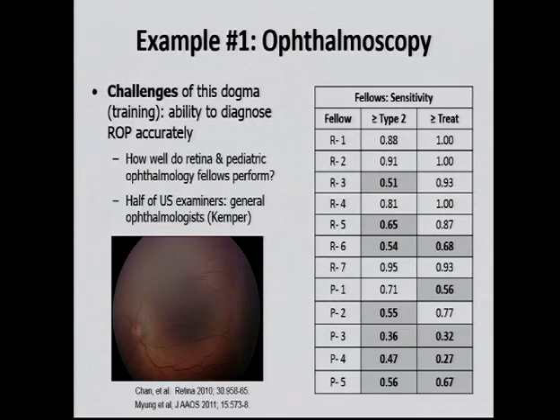Their sensitivities are 51%, 54%, 36%, 32%. So these fellows are missing, in a lot of cases, up to two-thirds of clinically significant disease. This is a big problem. We're not doing a good job of treating this, or teaching this, let alone treating it.